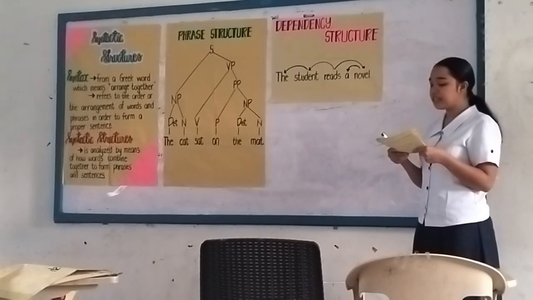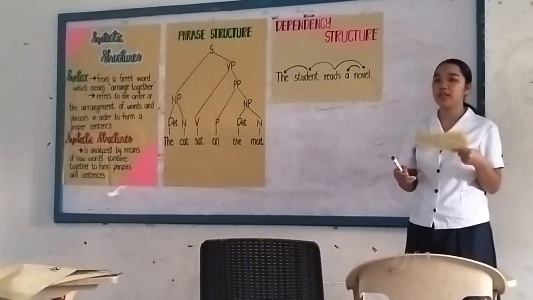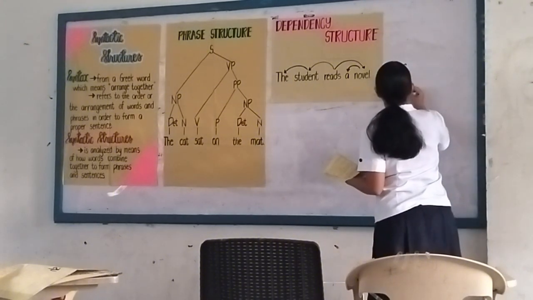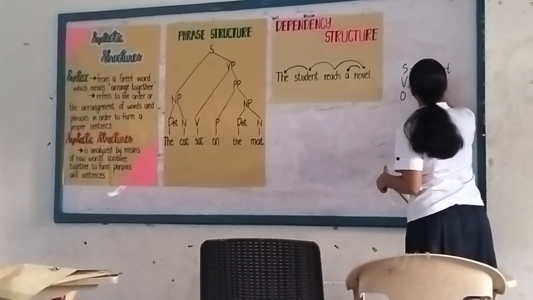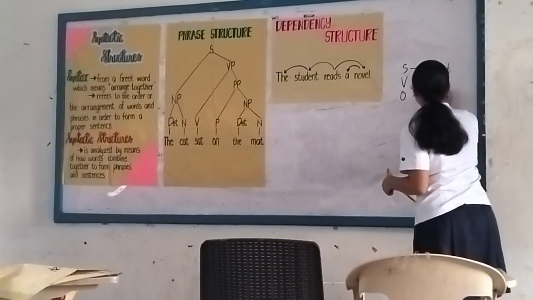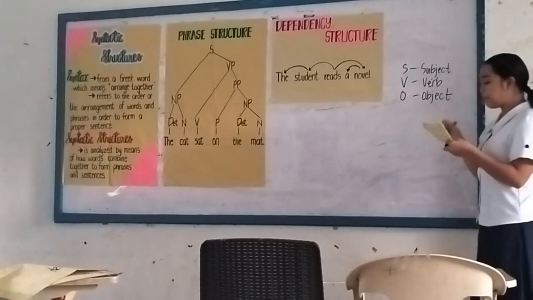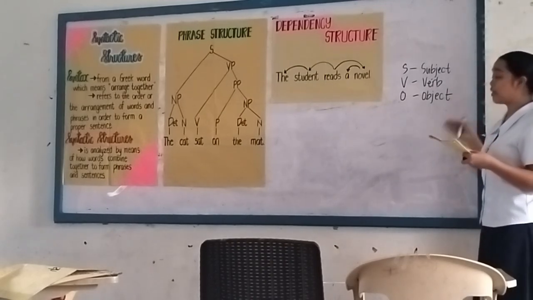So in the English language or grammar, the most common word order is the SVO, or what we call subject, verb, and then the object. So in English sentences, that is the basic structure in terms of the order of words.